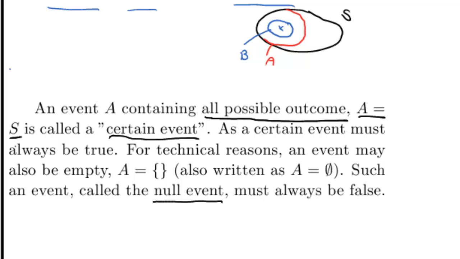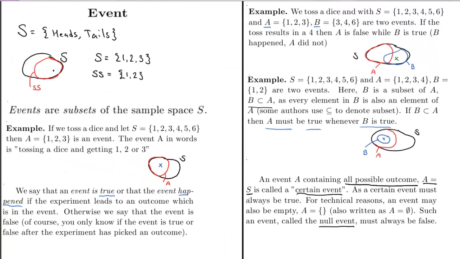And since one of the items in the sample space must be picked, we know that a certain event must always be true. The null event is an event containing no items, that is, an empty set. Null events are not included in the graphics, and they can never be true.